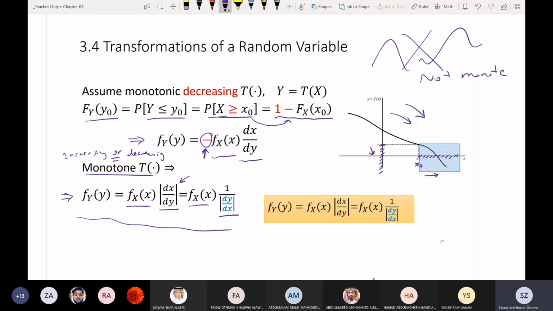Monotone means what يا شباب؟ It goes up once in one direction or goes down in one direction. Monotonically increasing means it keeps going up. Monotonically decreasing means it keeps going down. It doesn't go up and down like the cosine. Okay? So this is monotonically increasing or decreasing. The general case is this. This is the solution. Okay?